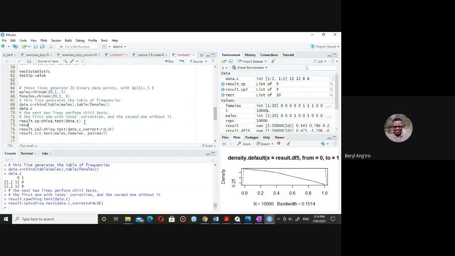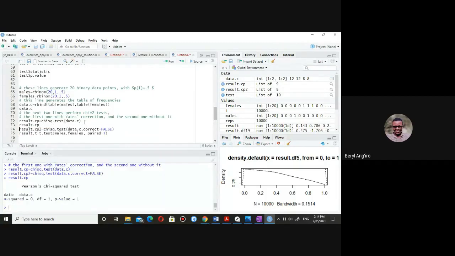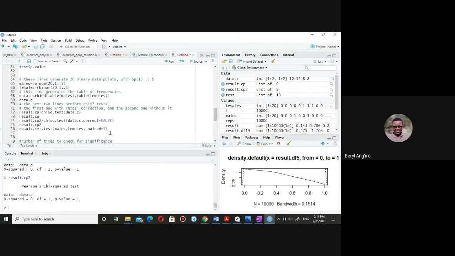So let's see these results. The p-value is 1, and the chi-square value is 0. For the second one, it is the same.